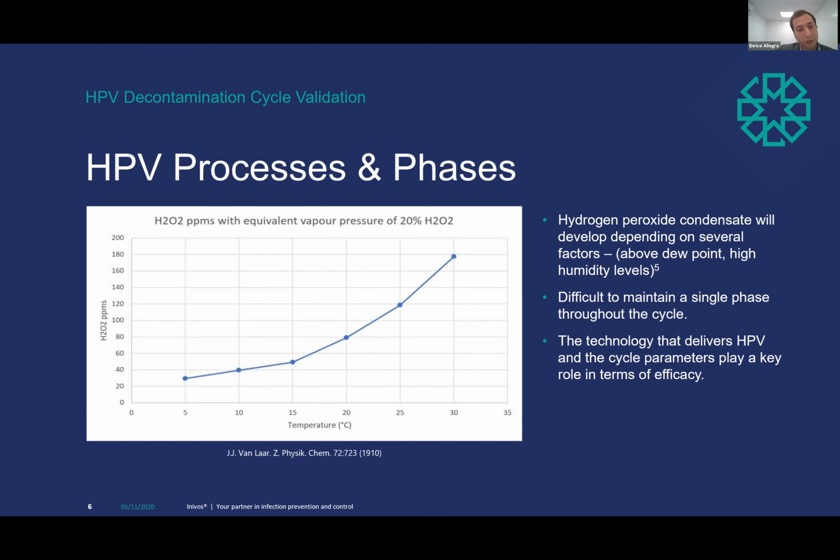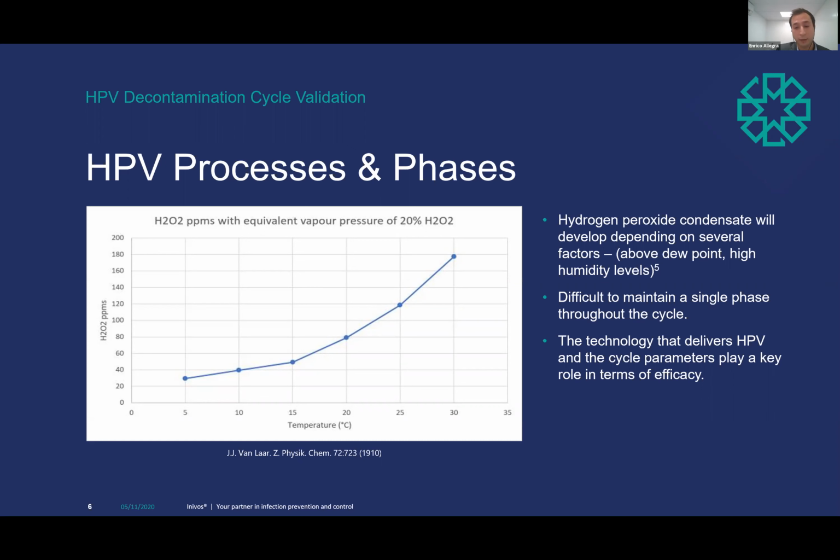This graph is showing, again, a correlation between hydrogen peroxide concentration, temperature, and the condensation point. If we try to correlate to the previous graph, we look at around 80 ppm, 79 in this case, at 20 degrees, that's when the condensation starts to happen.